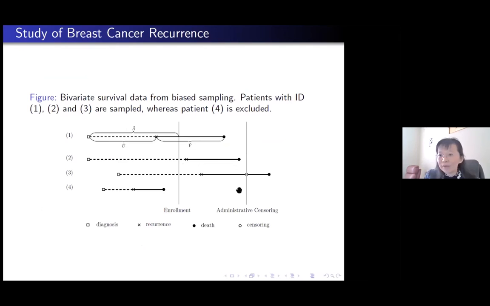When receiving the data through communication with our collaborators, we knew that the subject with breast cancer recurrence had to survive up to the sampling time to be included in the study cohort in their data extraction. For example, subject 4 died before the sampling time and was excluded from the cohort, although this subject had the cancer recurrence.